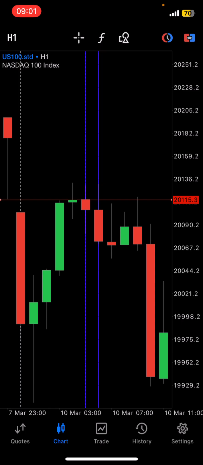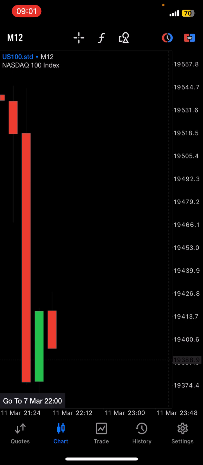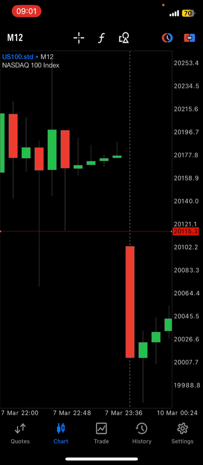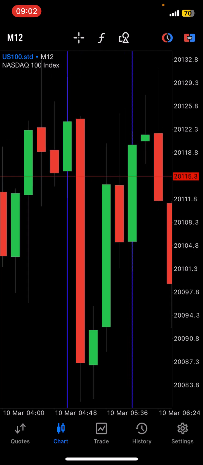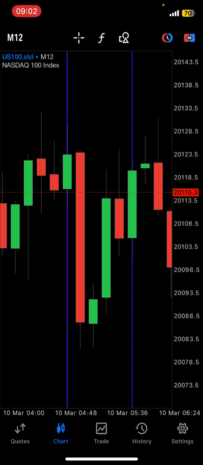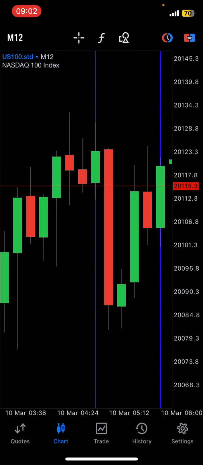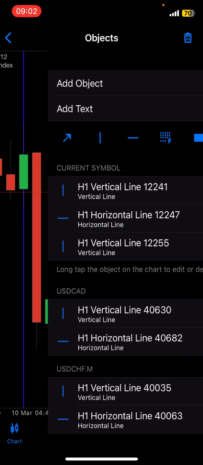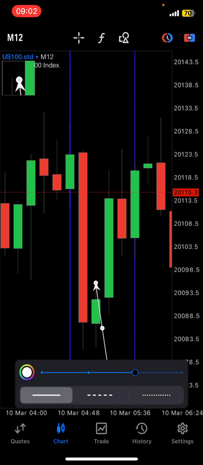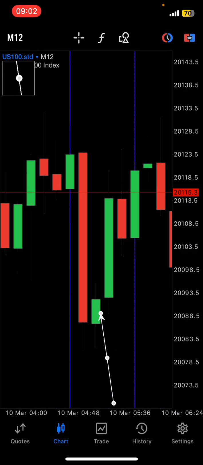Our bias is still bullish, right? We're starting here, and then this is a down close candle, and here is our entry signal right here. So we're going to enter here.